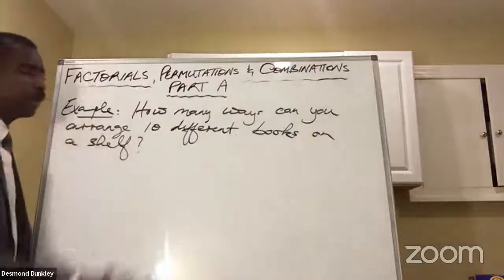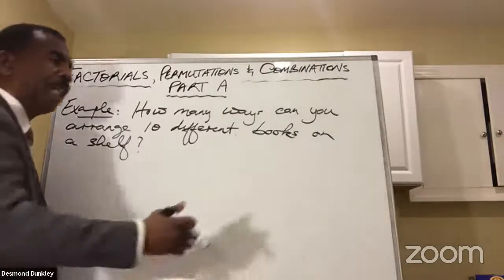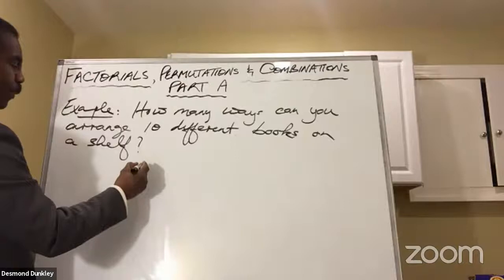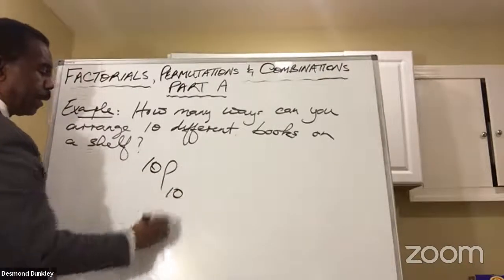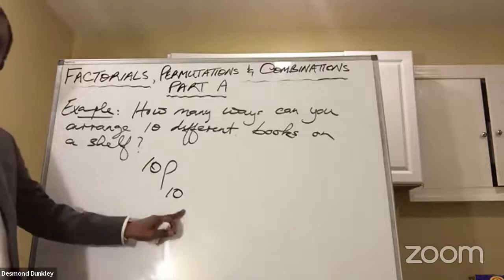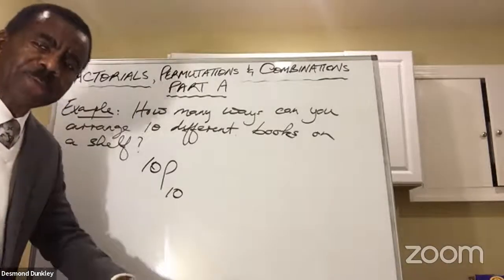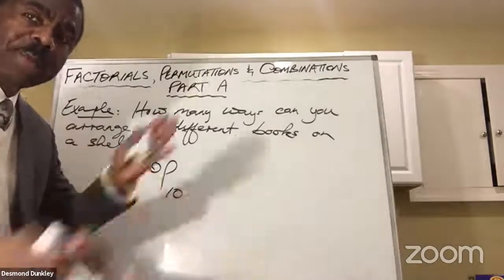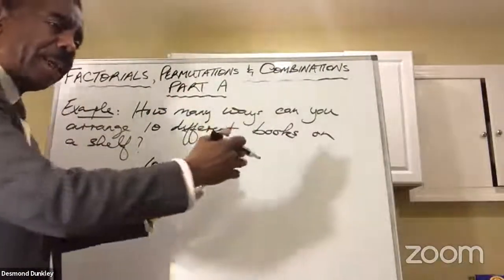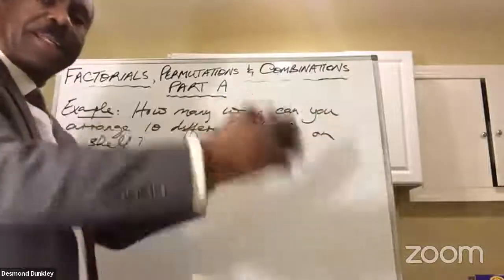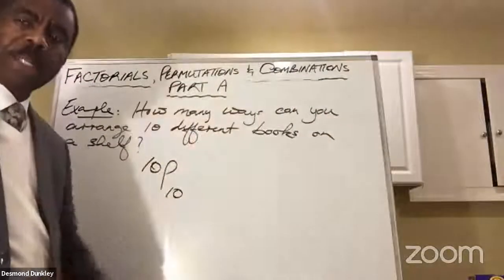So you have 10 books and you're trying to arrange all 10. So guess what? It's going to be 10P10. You're not taking a fraction, you're taking all of them. And you want to set them up in a certain order. So is the math book in the beginning, in the middle, or at the end? It's a different arrangement, okay?